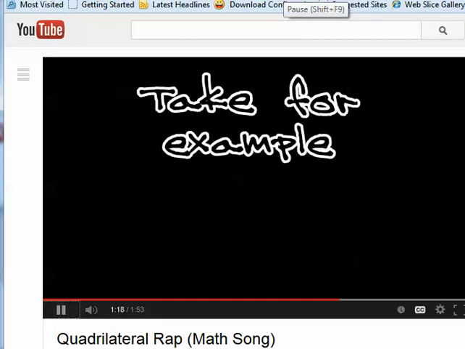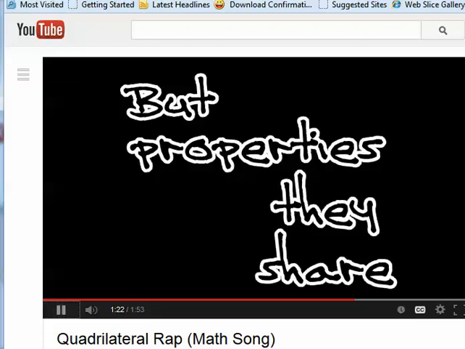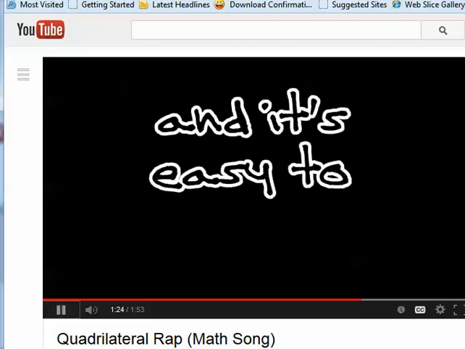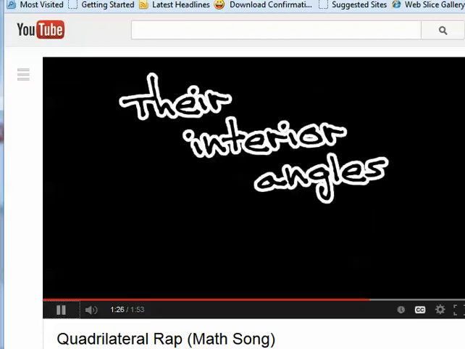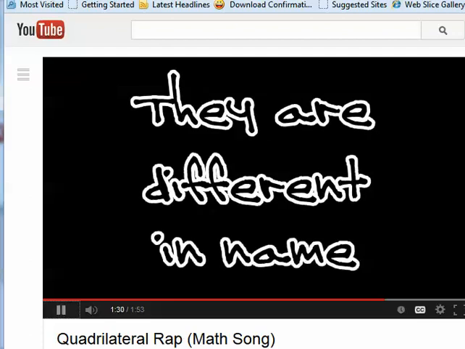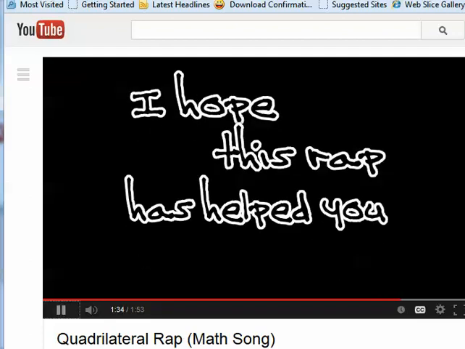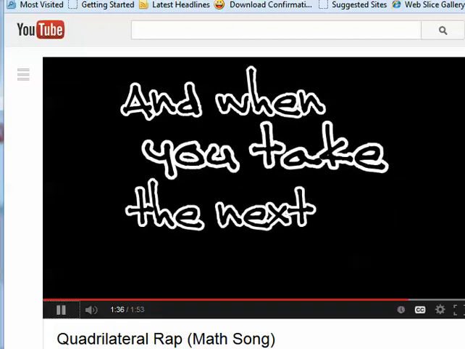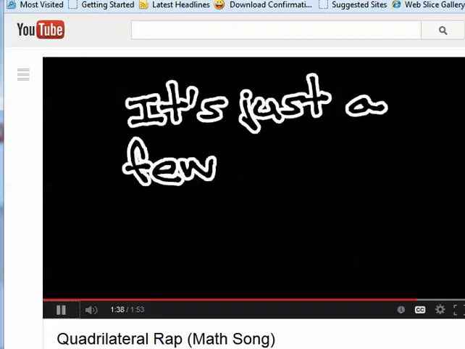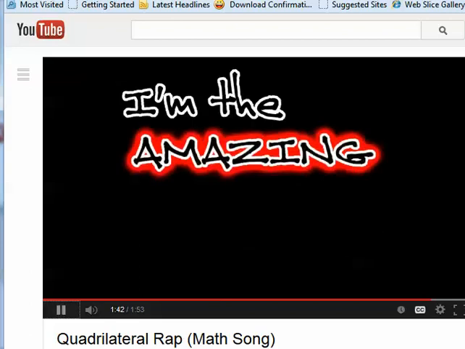Take, for example, rectangle and square. The shapes are different, but properties they share. Just look, and it's easy to see. Their interior angles measure 90 degrees. Rhombus and square, they are different in name, but they both have sides that all measure the same. I hope this rap has helped you out in class, and when you take the next test, you'll be sure to pass. It's just a few simple steps to help you classify. You can take it from me, I'm the amazing math guy.